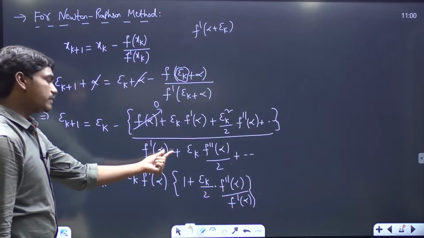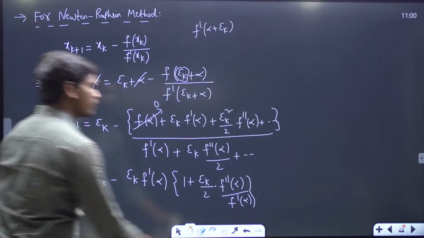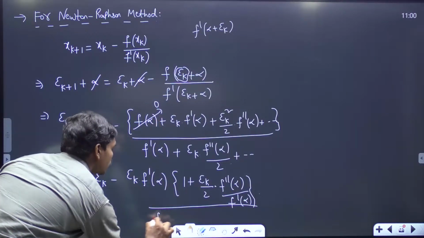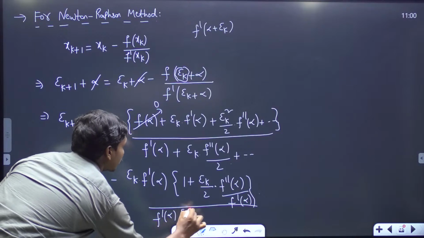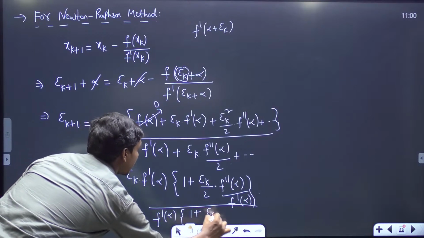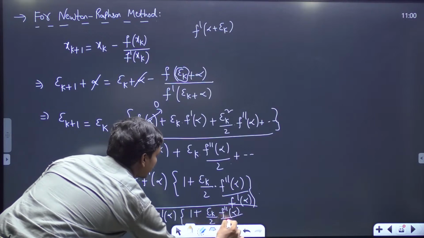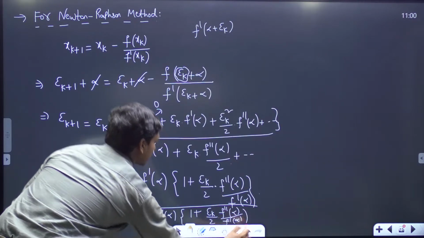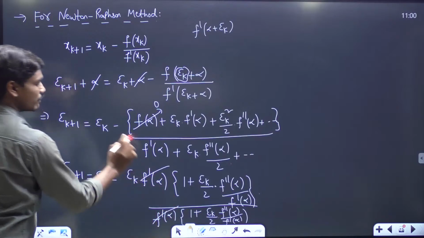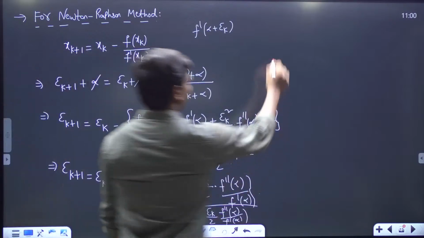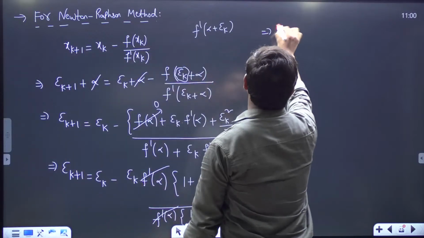Correct? Here in the denominator as well, if you take f'(alpha) common, see carefully, I am doing it, you have 1 plus ek by 2 into f''(alpha) divided by f'(alpha). This is what you will be having.